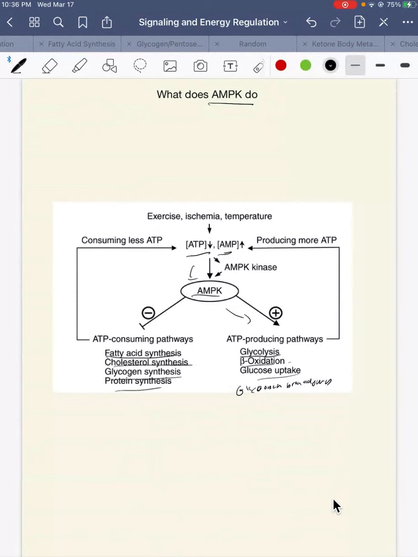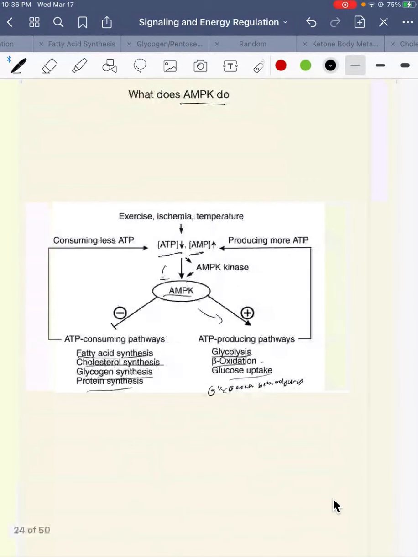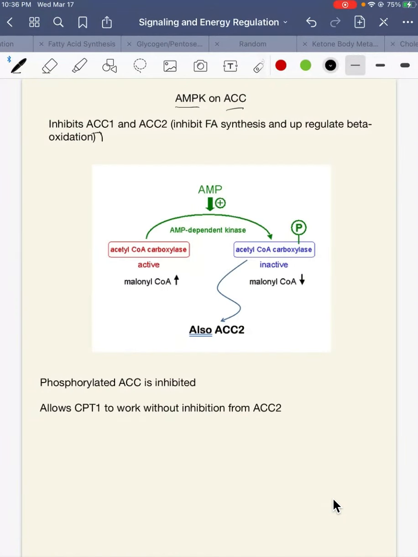Okay, AMPK on ACC, so we already talked about this. ACC1 is the first enzyme in fatty acid synthesis, and this is the one in the cytosol.